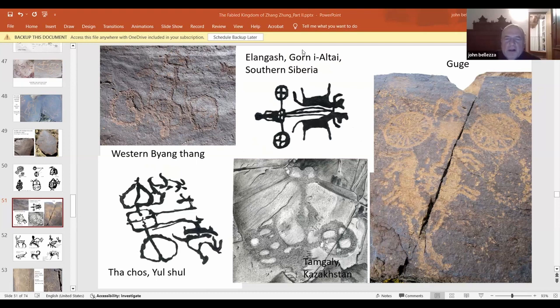What some archaeologists refer to as the northern zone, they all had or knew of wheeled vehicles. We see this one here from Siberia and this one here from Western Tibet.